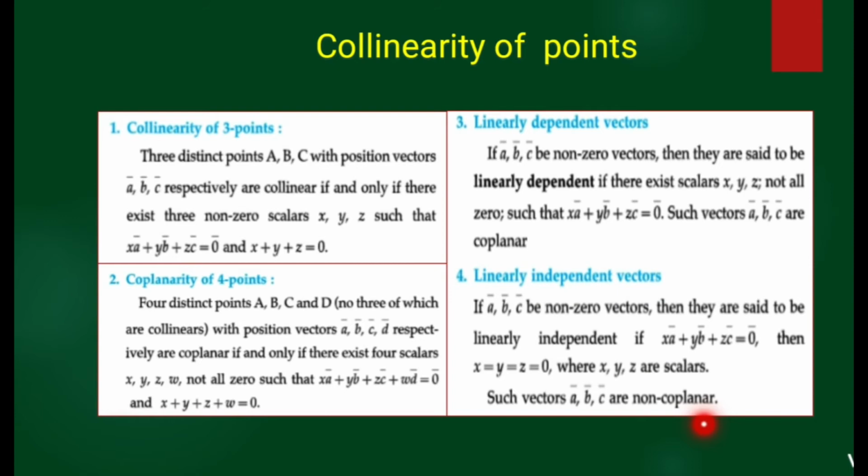So in this way, whether points are coplanar or not coplanar can be shown. So we see exercise 5.1 in the next part.